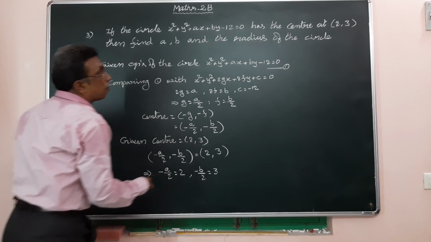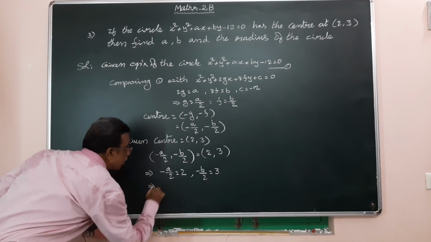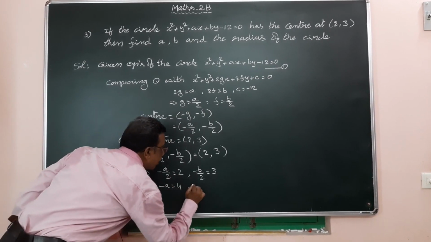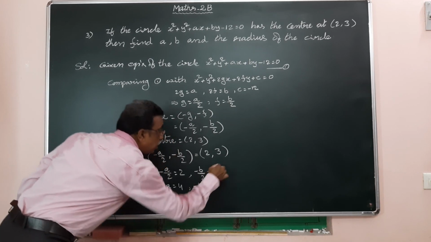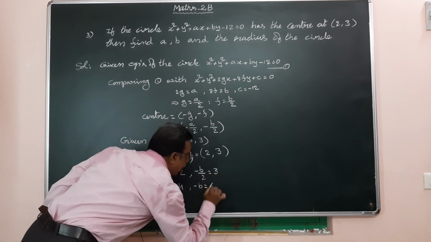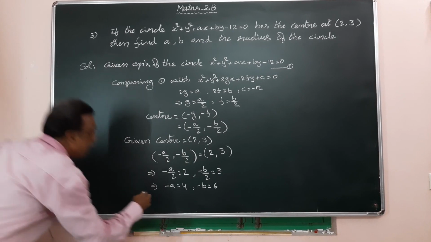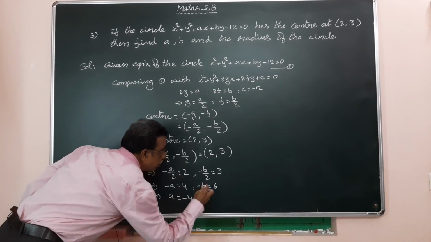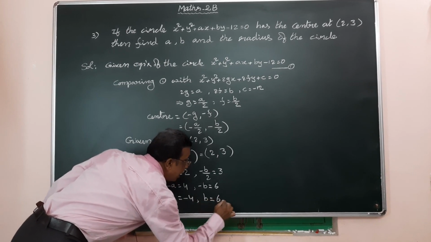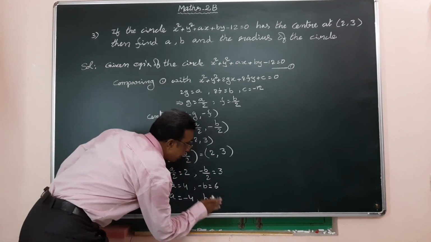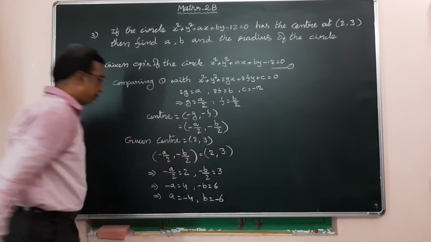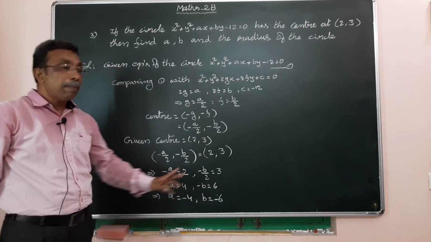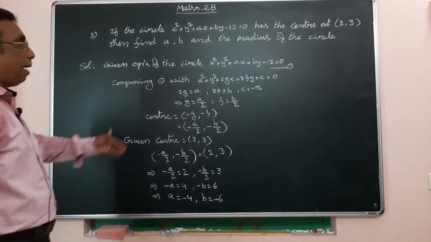By using cross multiplication, minus a equal to 2 twos are 4, minus b equal to 2 threes are 6. That implies a equal to minus 4, b equal to minus 6. That is the a, b values.